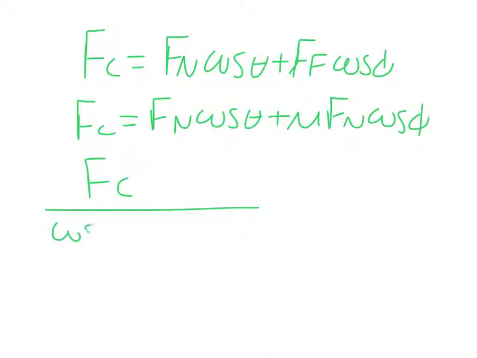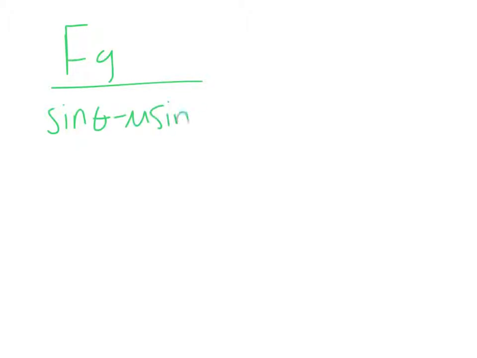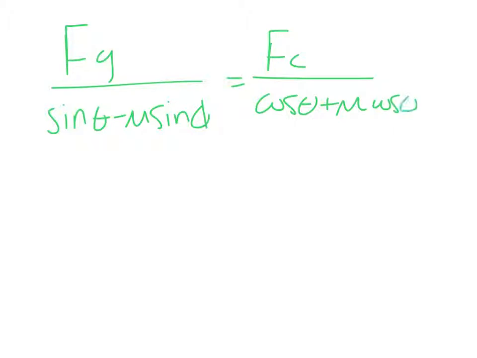Fc over cosine theta plus mu cosine phi equals Fn. Okay, setting my two equations for Fn equal to each other, we get Fg over sine theta minus mu sine phi equals Fc over cosine theta plus mu cosine phi.